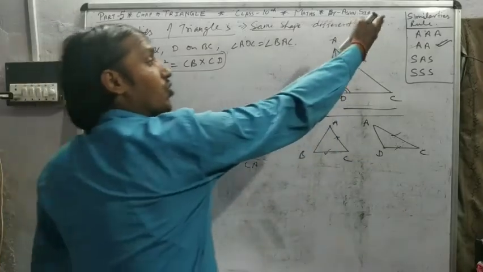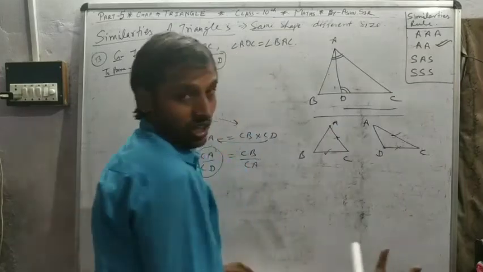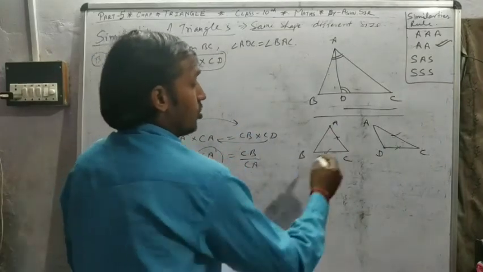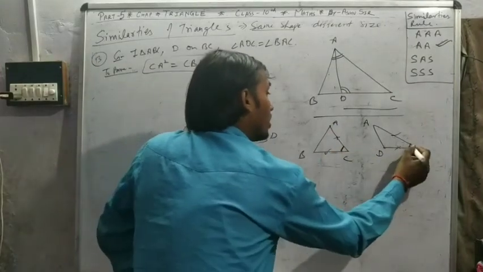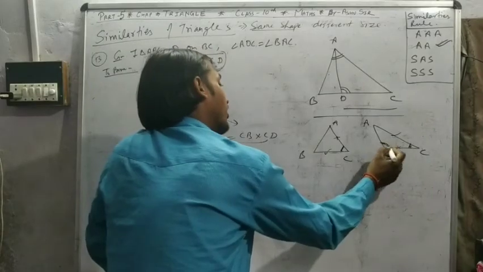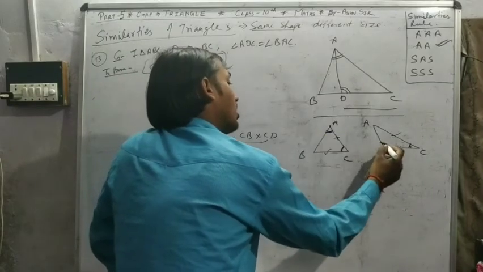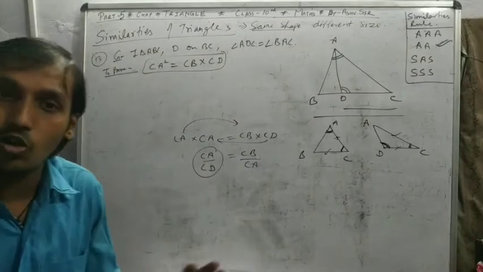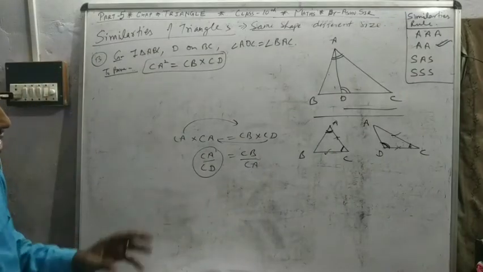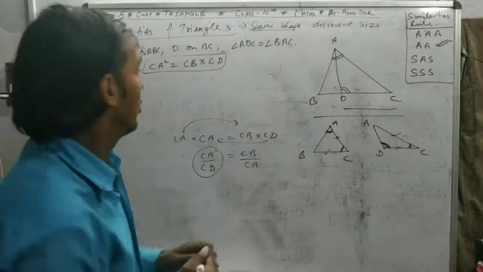Same, we have to use a similarity rule, the golden rule AA. Angle C is common in both, and angle D is also given. Means we have no trouble finding which 2 angles are equal. That's already seen.